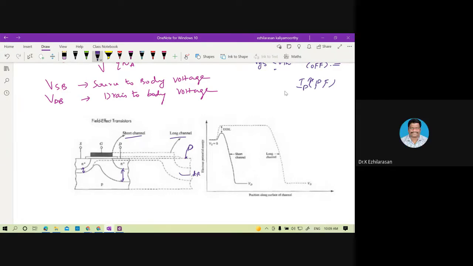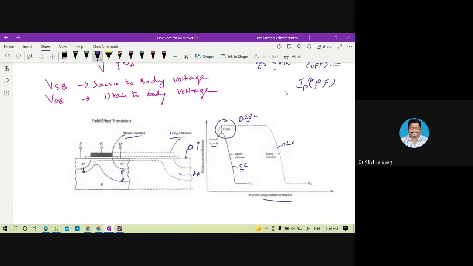When it is electrostatically coupled, automatically the drain depletion region will continue to increase with the bias. You can see the position along the surface of the channel, and this is the electron potential energy. This will be your long channel and this will be your short channel. This is what I can say is drain induced barrier lowering.